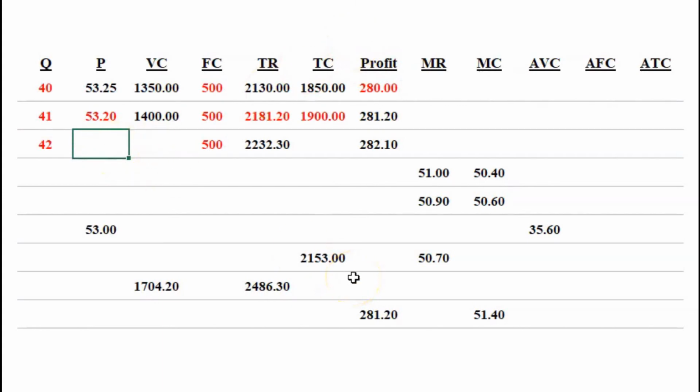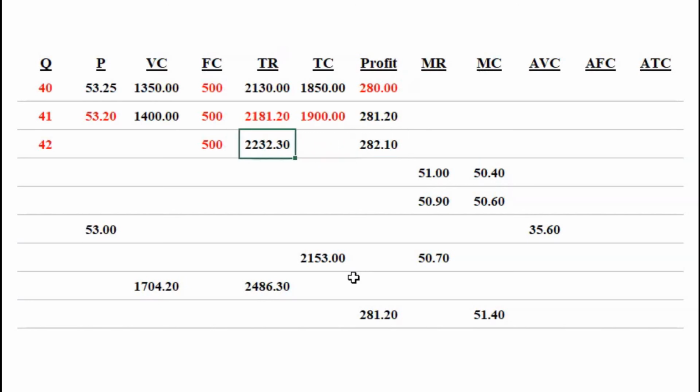Now I only have the third row here. I've got to get the price, the variable cost, and the total cost. I can get the price first because the price is going to be equal to total revenue divided by quantity, but also notice I can get the total cost because I have total revenue and I have profit. Let's do total cost over here first. We know that total revenue minus total cost is equal to profit.